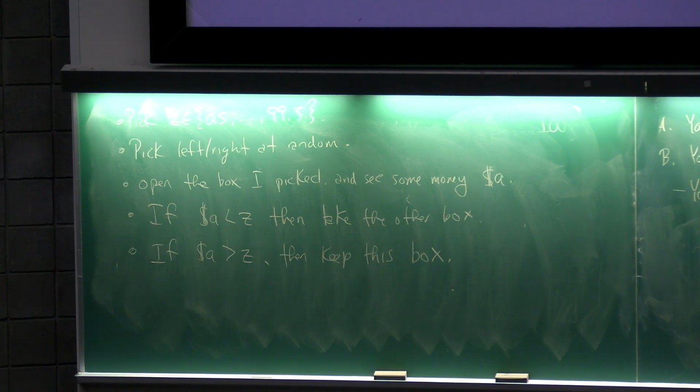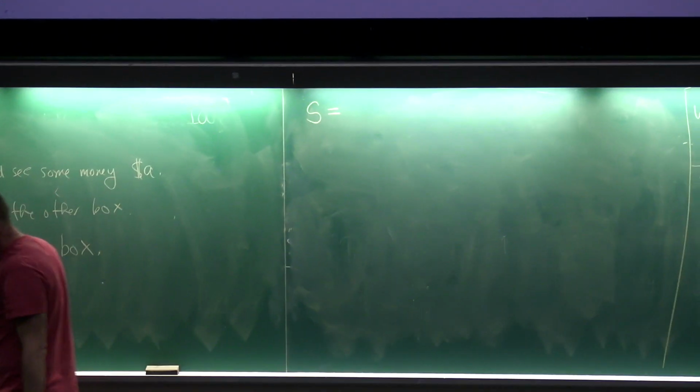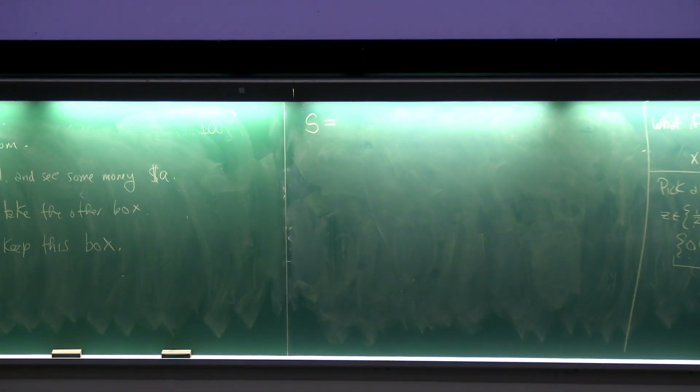So this is a probability question, and this is a class about uniform probability spaces. So we better figure out the set S. What does it look like? Well, there's basically two things, right?